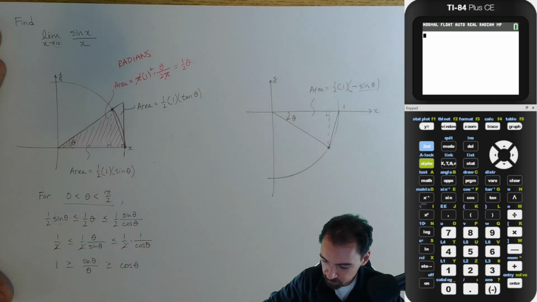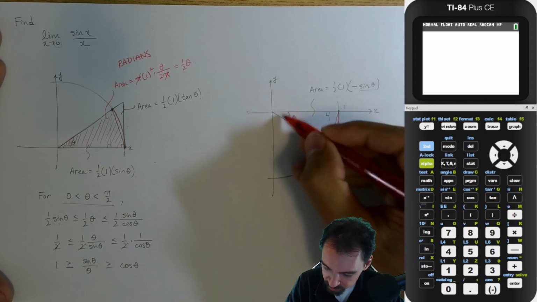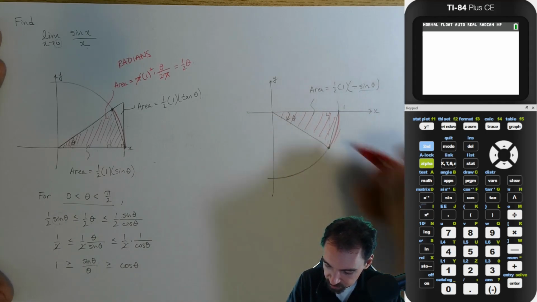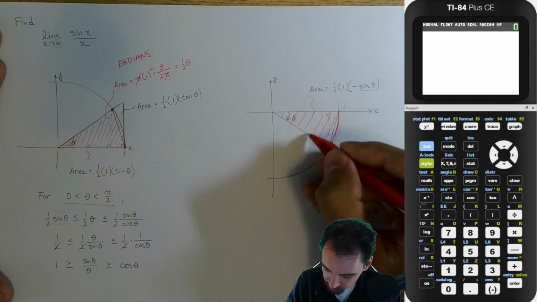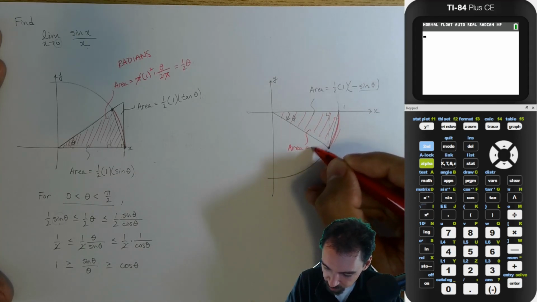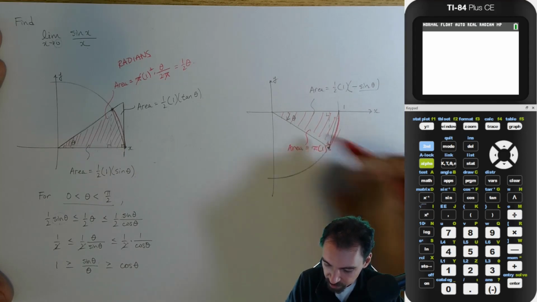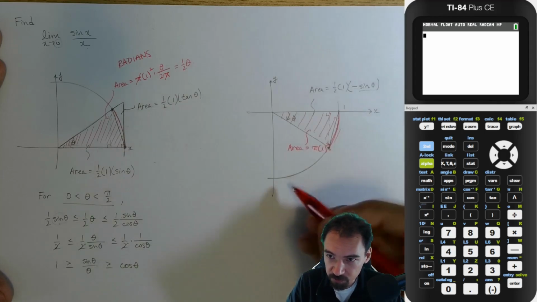Okay, so we're good. Then I go over here and say, I want my sector area, and this area out here is going to be pi times r squared times how much angle I have out of the full circle.